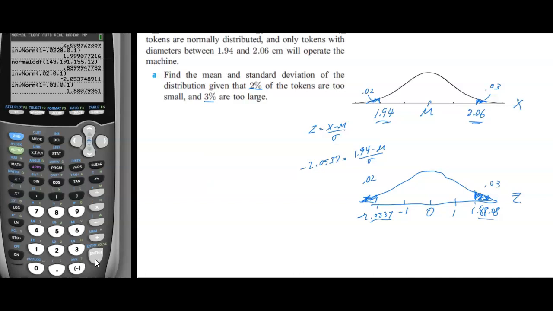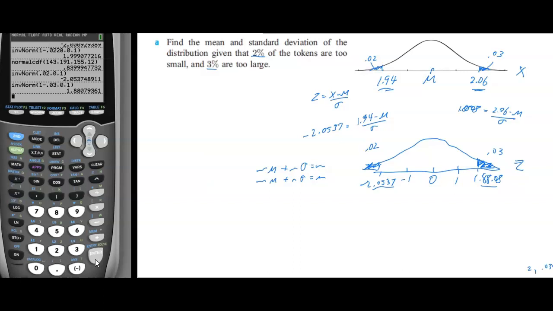And then the other side is going to be 1.8808 equals 2.06 minus mu divided by sigma. And then we're going to rearrange them so that they're in the form blah mu plus blah sigma equals blah, one on top of each other. And then we're going to be able to use poly-SMLT to solve those. We don't even need to do the algebra.